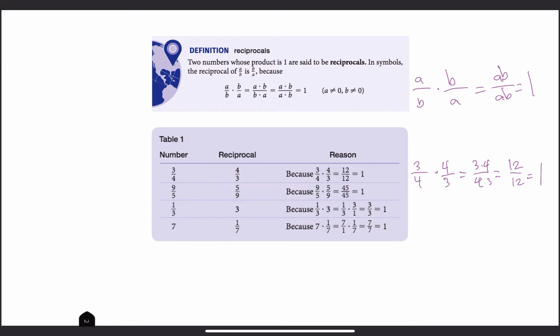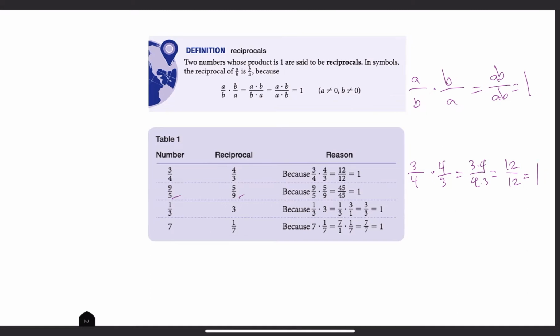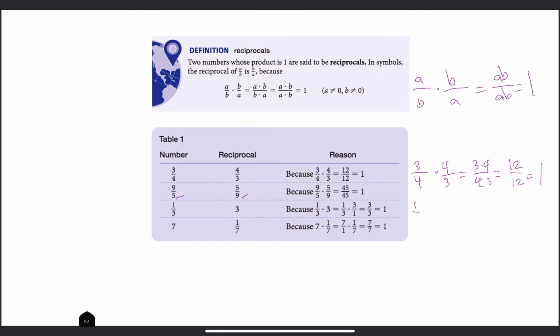So let's look at some other examples here. The reciprocal of 9/5 here is 5/9. The reciprocal of 1/3: if I flip 1/3, that would be 3 over 1. When I multiply, it is helpful for me to write 3 over 1 so that I know the 3 is a numerator.